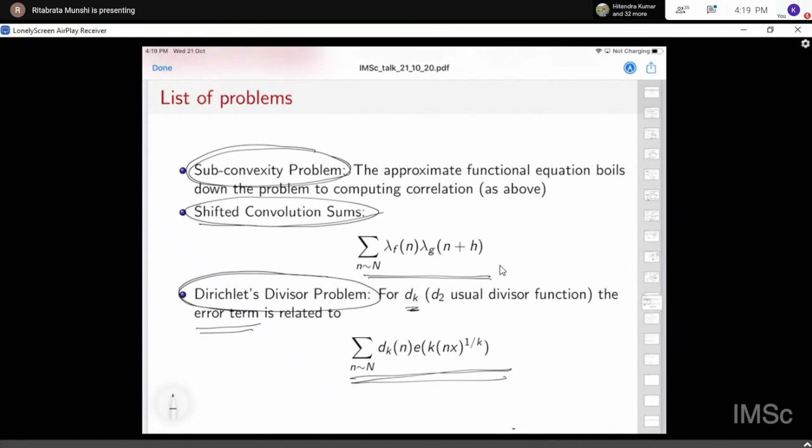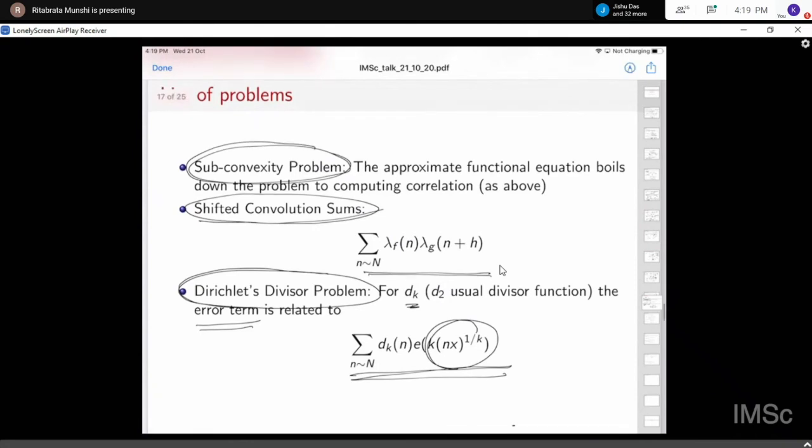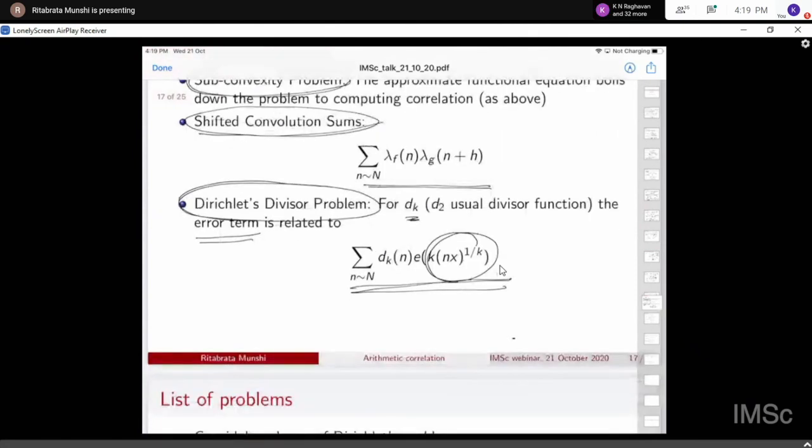Okay, and so here, this is what's called the nonlinear twist. So it's n x to the power 1/k, and you need to get some non-trivial cancellation of this for n in a certain range. The initial length of the sum was x, and now after applying Voronoi, it gets transformed into a different length, capital N, and x is reflected, x pops up in the exponent over there.